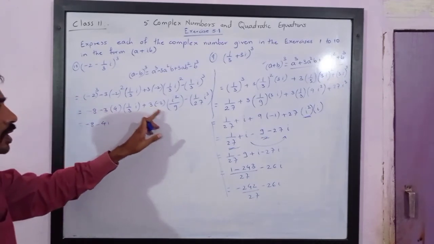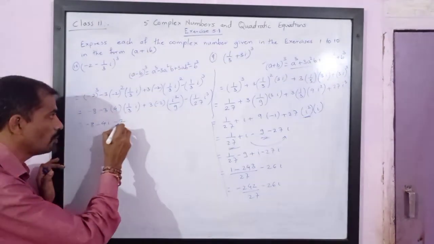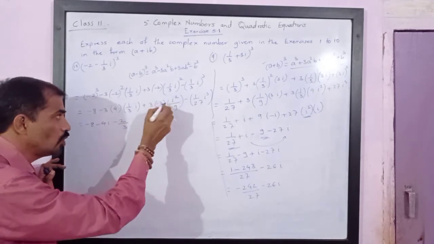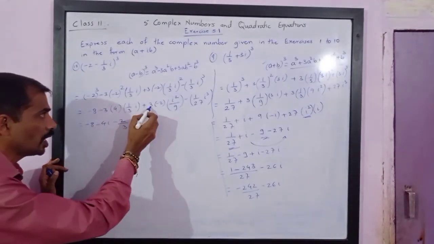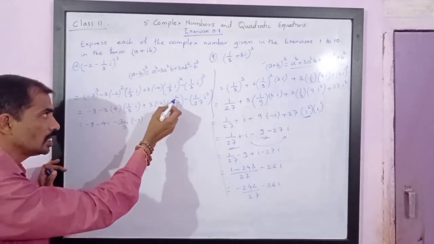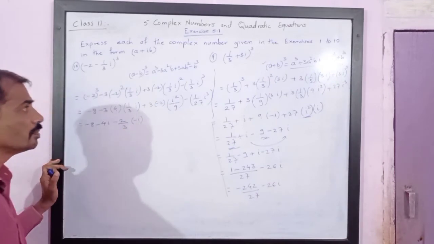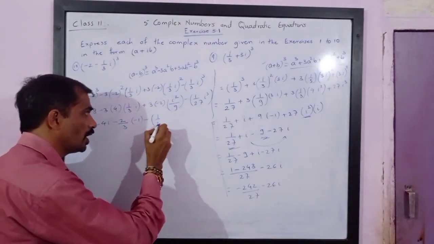Now here, 3 3s are 9, so you will get negative 2 upon 3 into I square. I square is negative 1. Please note, I have reduced this. Negative 2 into 3 into this negative 1. Now minus is outside the bracket. 1 upon 27.